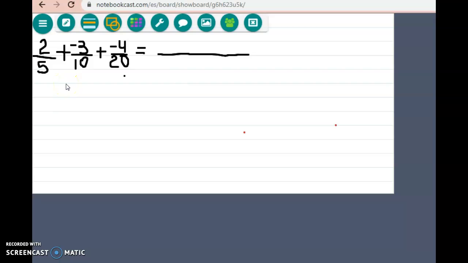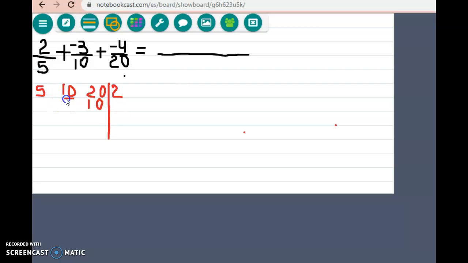We're going to start finding the least common multiple between 5, 10, and 20. Here we have the half of 20, 10.